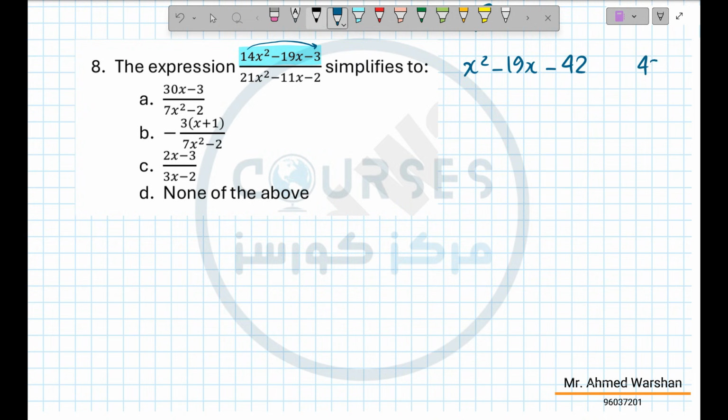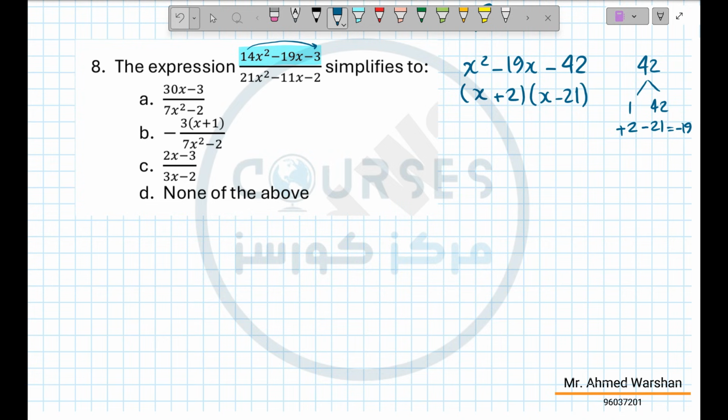Now we need to factor the 42. 42 is 1 times 42, 2 times 21, and actually you can stop here. You need a negative 19. This is negative. It means the big number is negative, the small is positive. So that's indeed a negative 19. So this is x plus 2 times x minus 21.